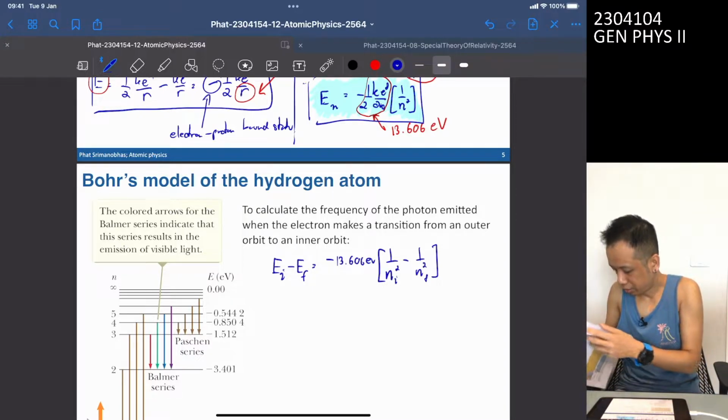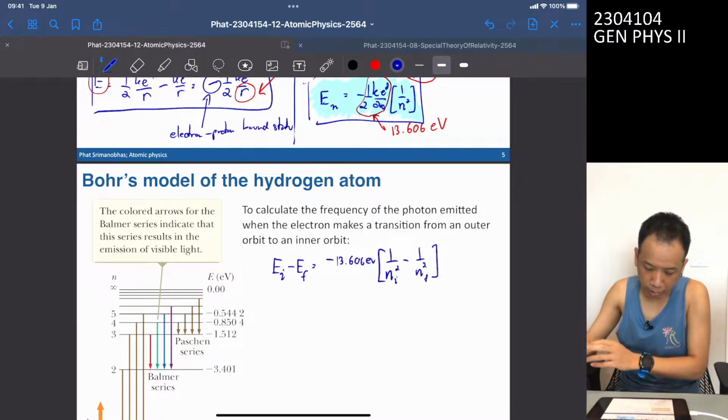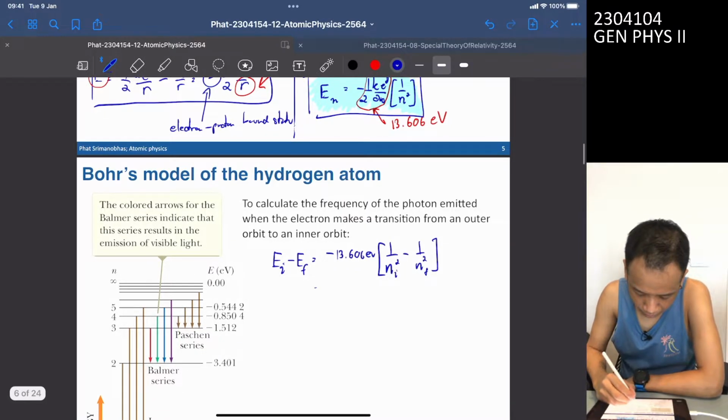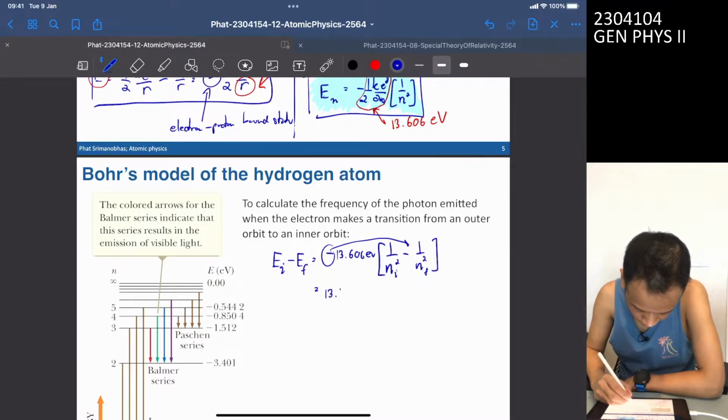Let's check the notes. Sometimes they absorb the minus into this bracket, so you have 13.606 electron volts times 1 over nf square minus 1 over ni square.